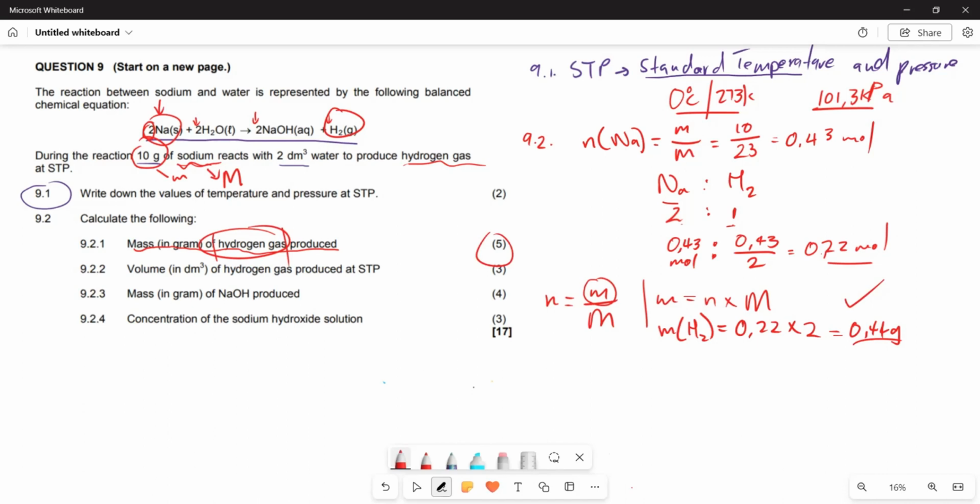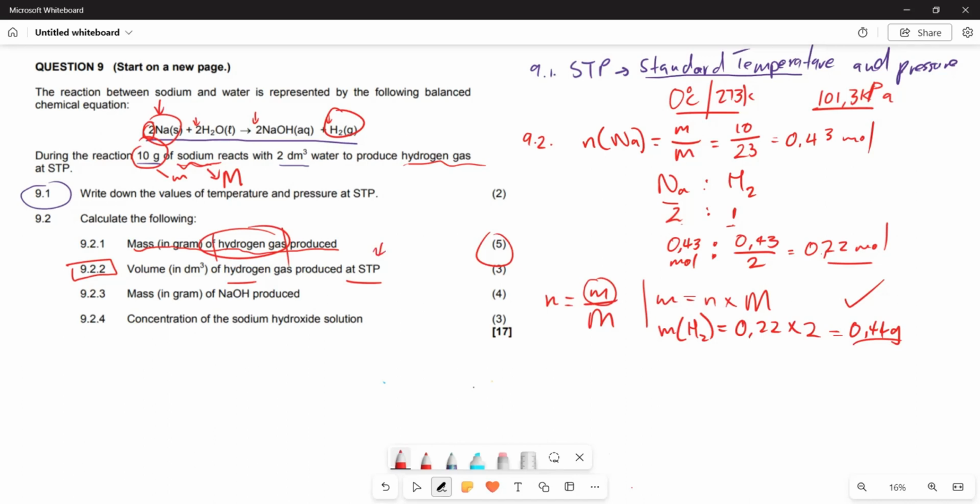You continue. Now let's look at your 9.22. In this question 9.22, let's look in terms of what they require us to do. Now they say, what is the volume in decimeter cubed of your hydrogen gas produced at STP? I mean, the only formula, I repeat, the only formula for us to calculate the volume at STP is what?